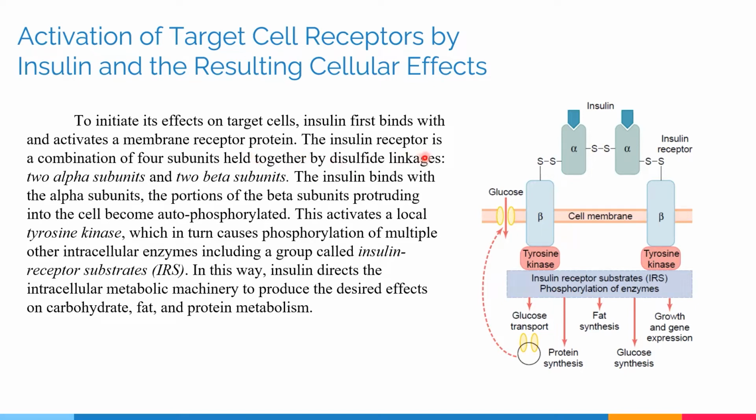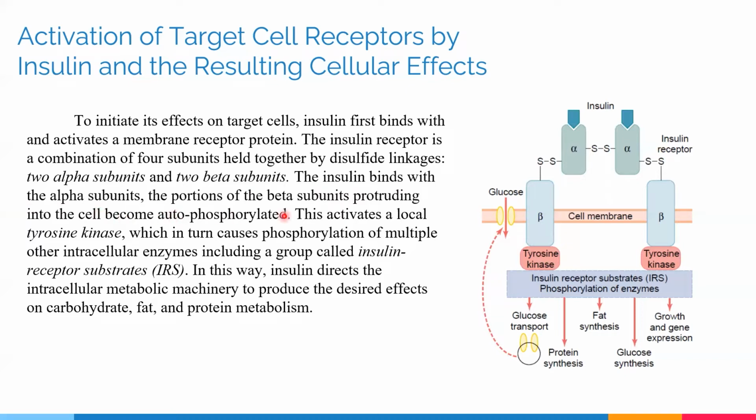The insulin receptor, which is shown right here, is a combination of four subunits held together by disulfide linkages, which consist of two alpha subunits and two beta subunits. The insulin binds with the alpha subunits.